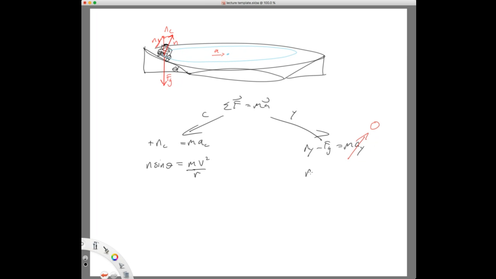Now in this case, we would have Ny equals force of gravity, and Ny, if I look at the picture, is adjacent to that angle. So we're going to have N times the cosine of theta equals mg, and N will be mg over the cosine of theta. So this is a totally different normal force than anything we've seen before.